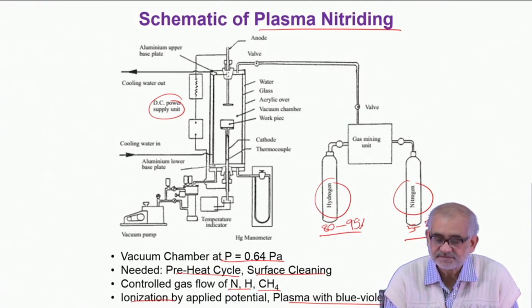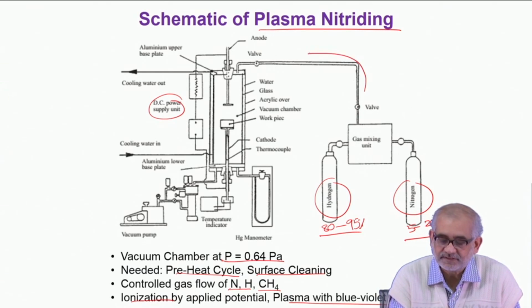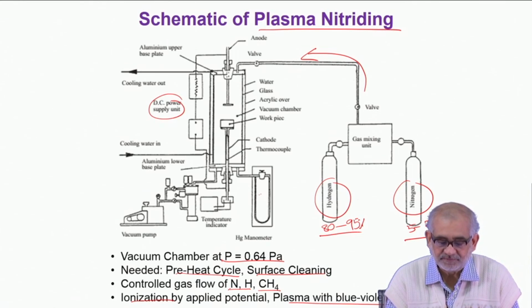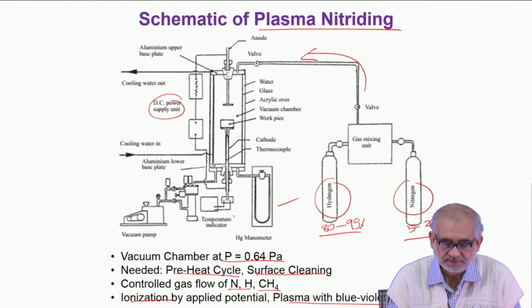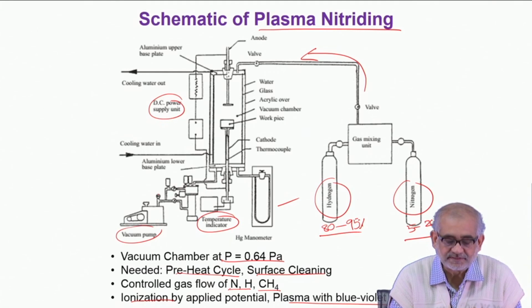This is pre-mixed, and through this gate valve we allow the gas to flow in after we have evacuated, and we monitor the pressure. The temperature is controlled, the vacuum pumps evacuate and then allow.